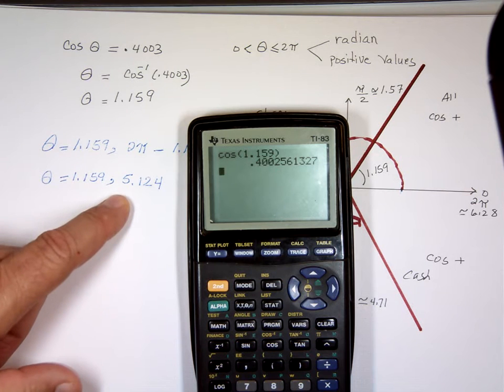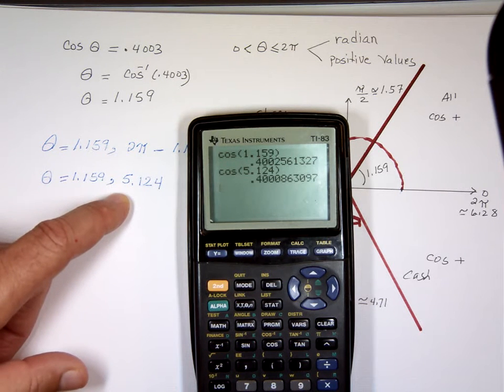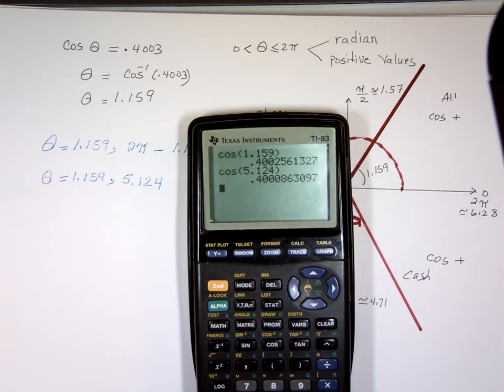Take the cosine of 5.124. 0.40086. So again, the rounding error, just a hair. Because I'm getting 0.4001 when you round this, another one 0.4003. So somewhere there in that neighborhood, that's where the answer is.